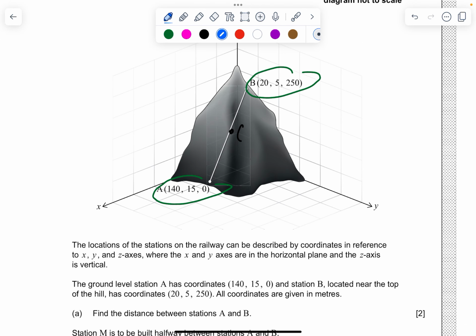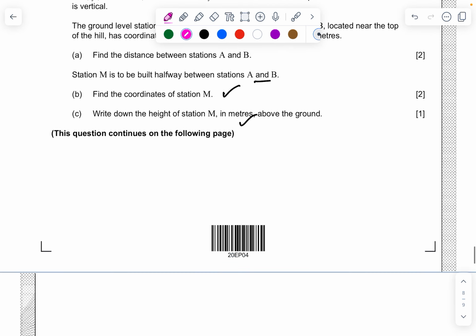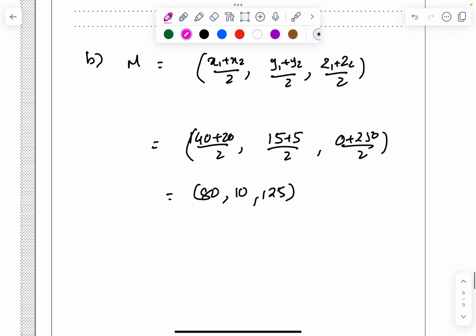So 125 is going to be the height, which is the z-axis. So therefore the height is going to be 125. The z-axis represents the height.